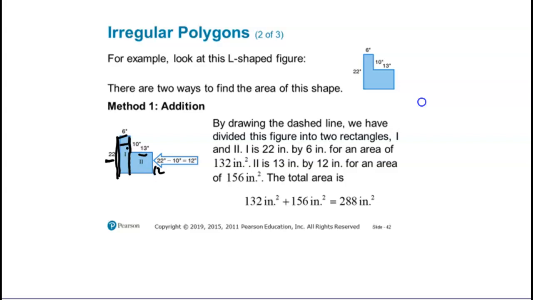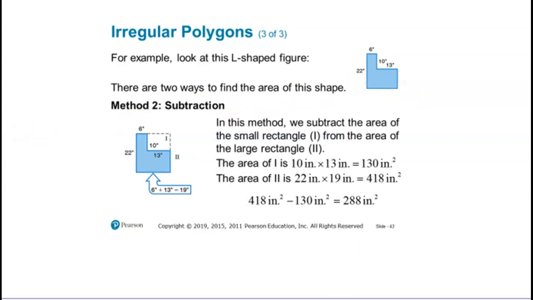So the second rectangle is going to be 13 feet times 12 feet. And we go ahead and get the calculations for both of those, and it comes up to be 288 inches squared.